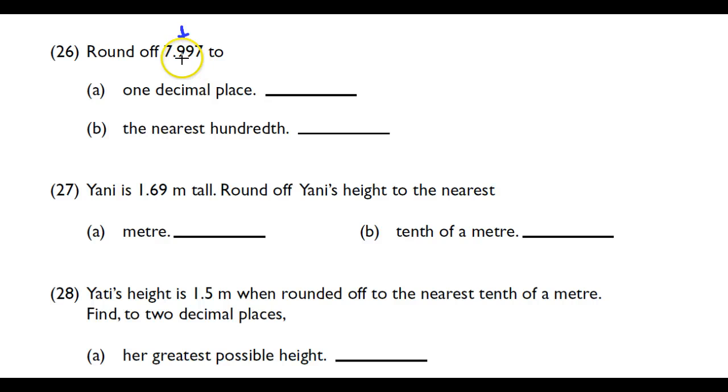Now 99, can you see here very clearly, 99 is nearer to 100. So you plus 1, this one becomes 0, and this is 8. All right, 1 decimal place, so it's got to be like this. 8.0. Now to the nearest hundredth, let me write down the whole number again.